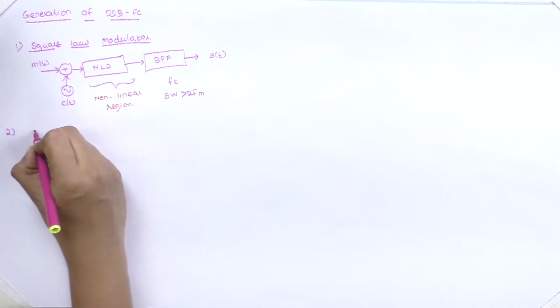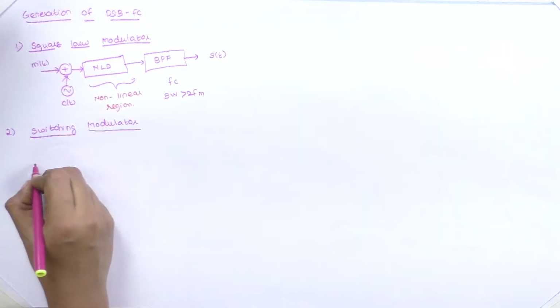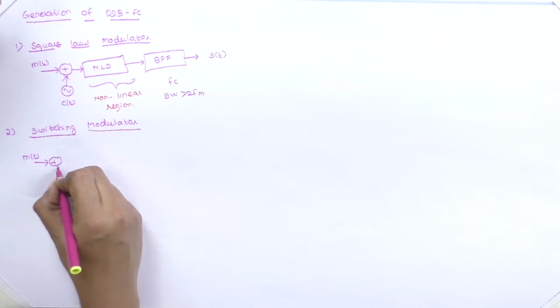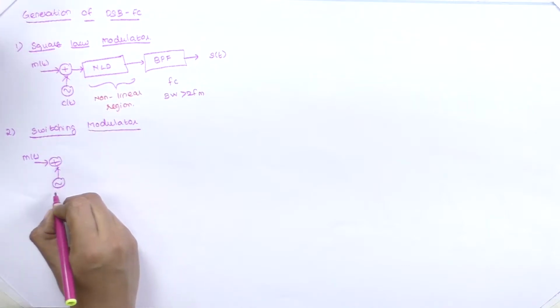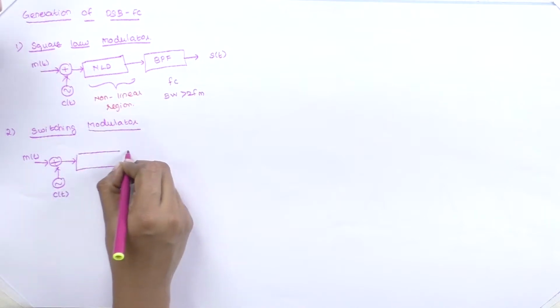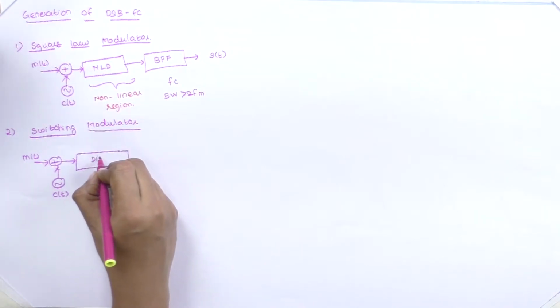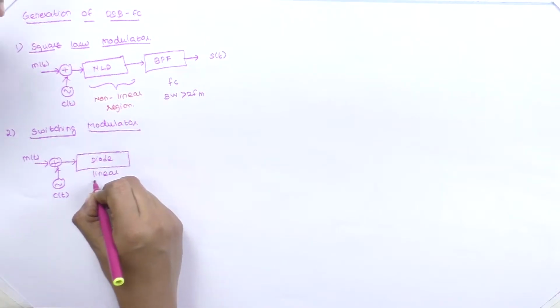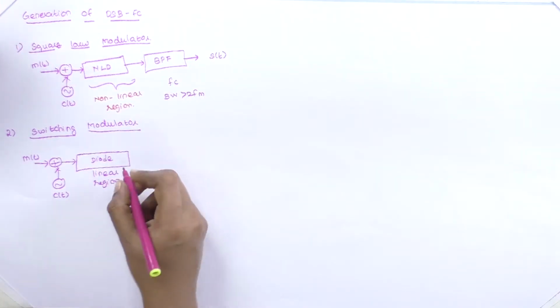Second, we have seen the switching modulator. Here again M of T is added together with the carrier signal and it is operating in the linear region. Again our diode or a transistor which is operating in a linear region is taken for the switching modulator.